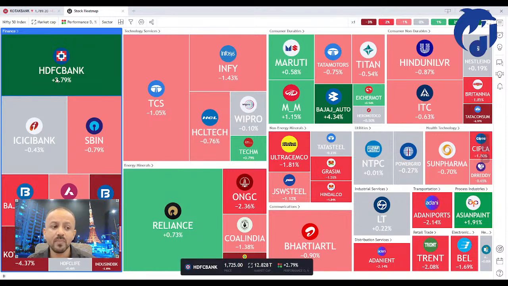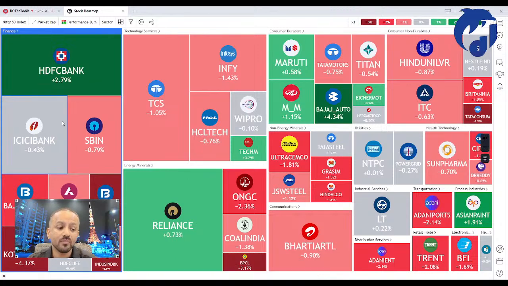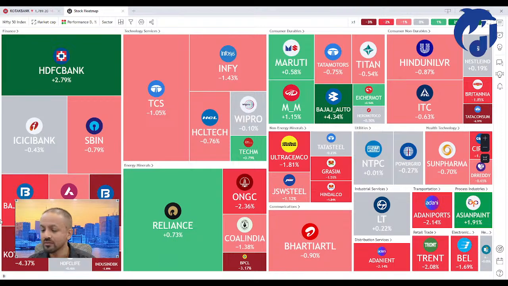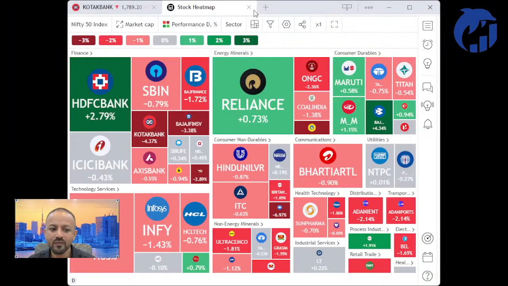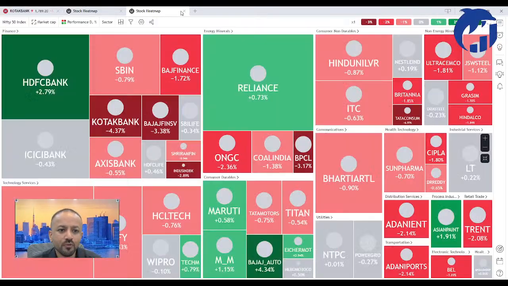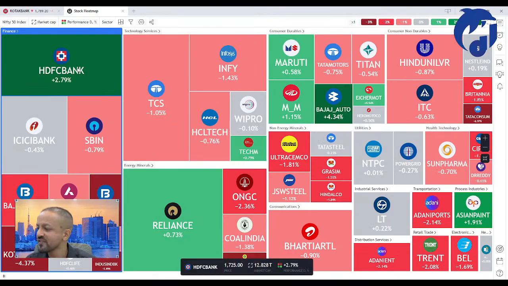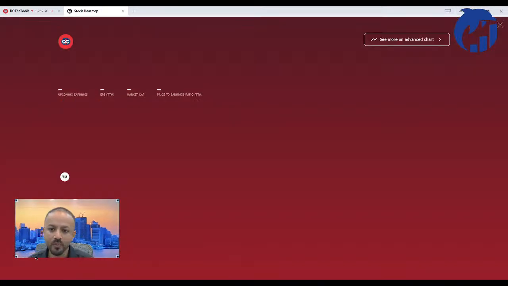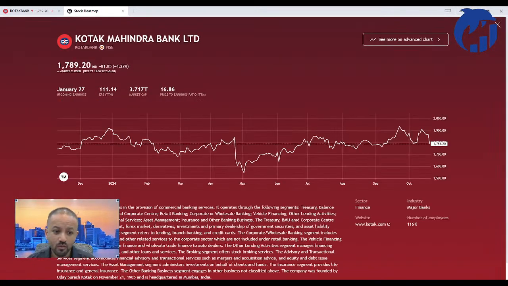So looking at HDFC Bank, as I had mentioned, around 2.7, almost a 3% increment in price. While on the opposite side, if I zoom out a little bit, you get the point. I'm talking about Kotak. HDFC has been at 2.79% appreciation, while Kotak Bank, let me open Kotak Bank, has been at a deficit of 4.37, right?